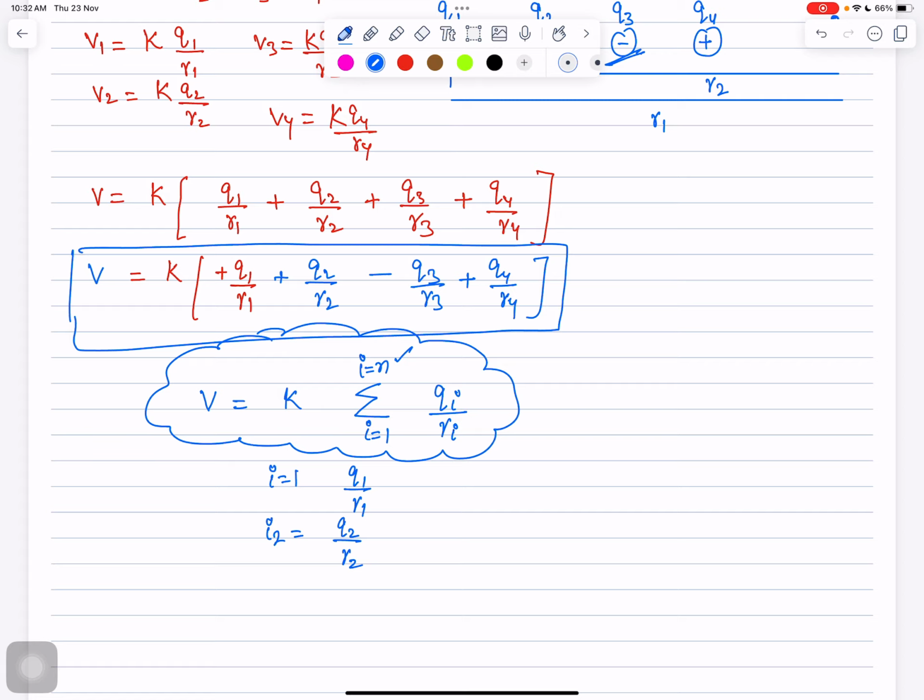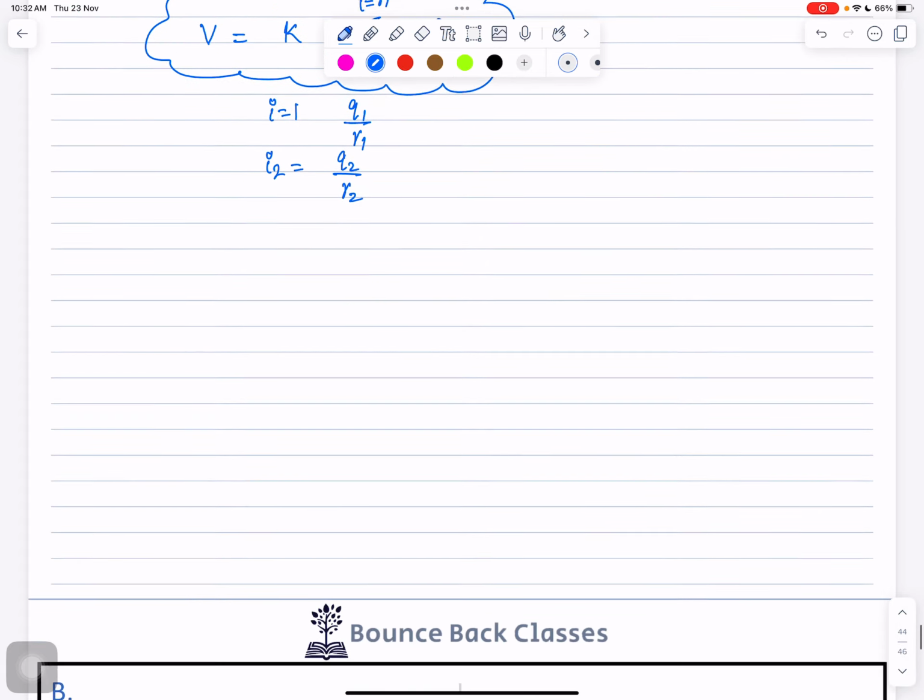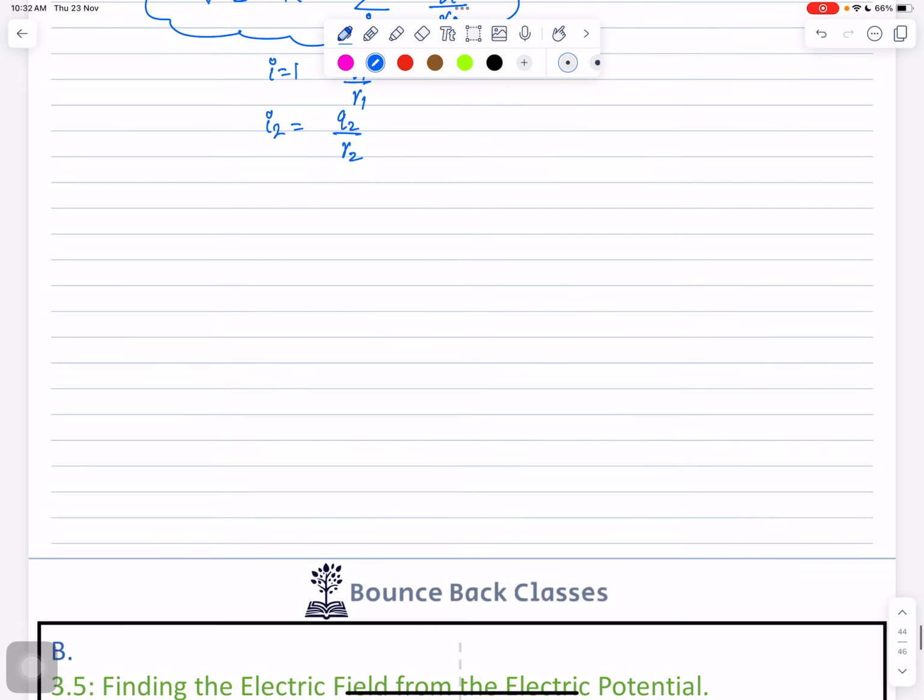Fine. Okay, now there is one important thing you need to understand about their graph and how things are going to change. As I already mentioned in the previous videos, I will just give a brief introduction. We have a positive charge and we have a negative charge.